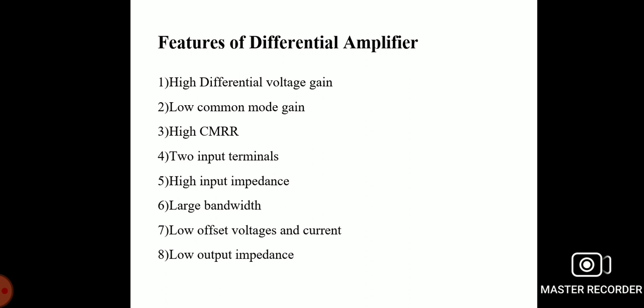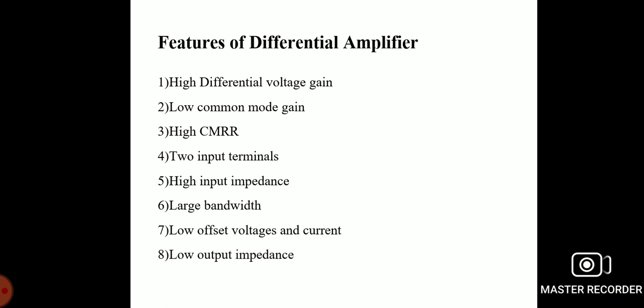In a general amplifier we have to improve the gain, and here the two different input voltages give a high gain at the output. That is the first feature. The second one is a low common mode gain. The common mode gain of the two input voltages is low.